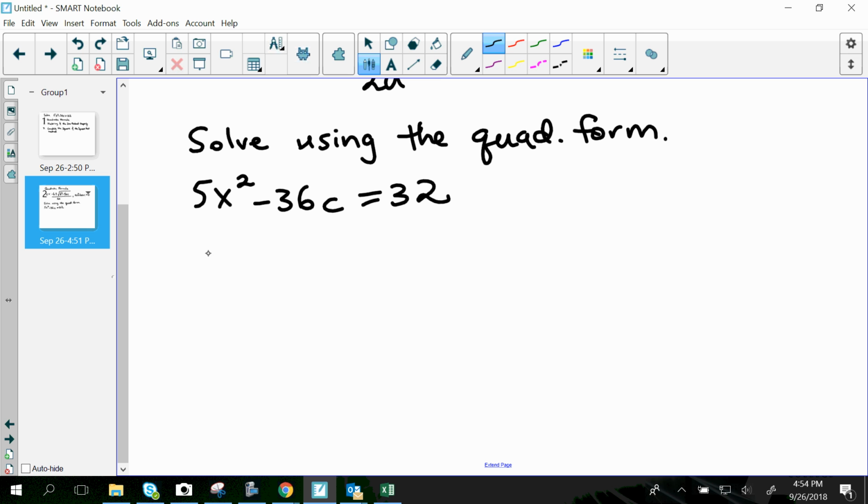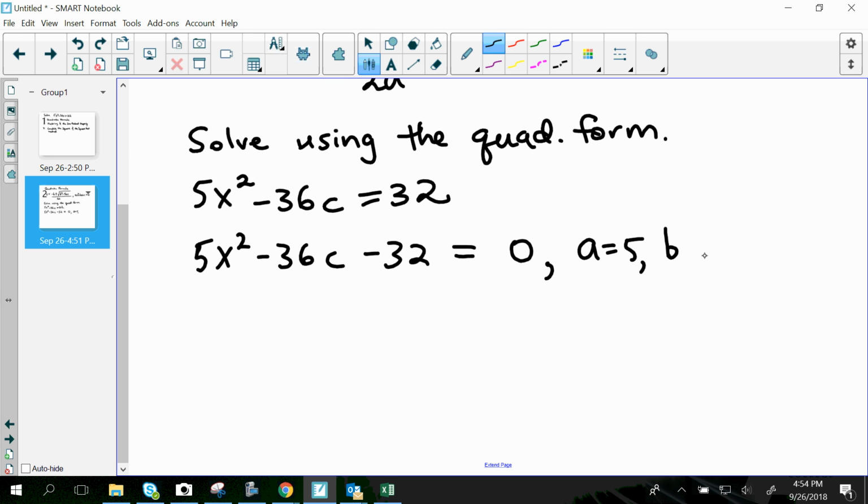So I'm just going to set this equal to 0 first. So I'm subtracting 32 from each side. And then I can say that A is 5, B is negative 36, and C is negative 32.